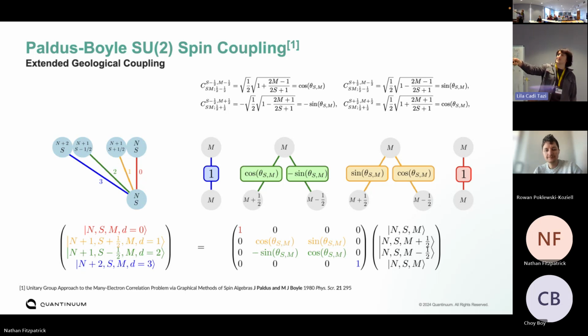And so if you think about these nodes on the bottom, this is this vector, and they get coupled by this Givens rotation matrix, so they form the nodes on the top, which is this guy here. So basically, this coupling you can represent in a Givens rotation matrix, which is a very important thing. It means building a quantum algorithm for this is probably going to be a bit simpler.